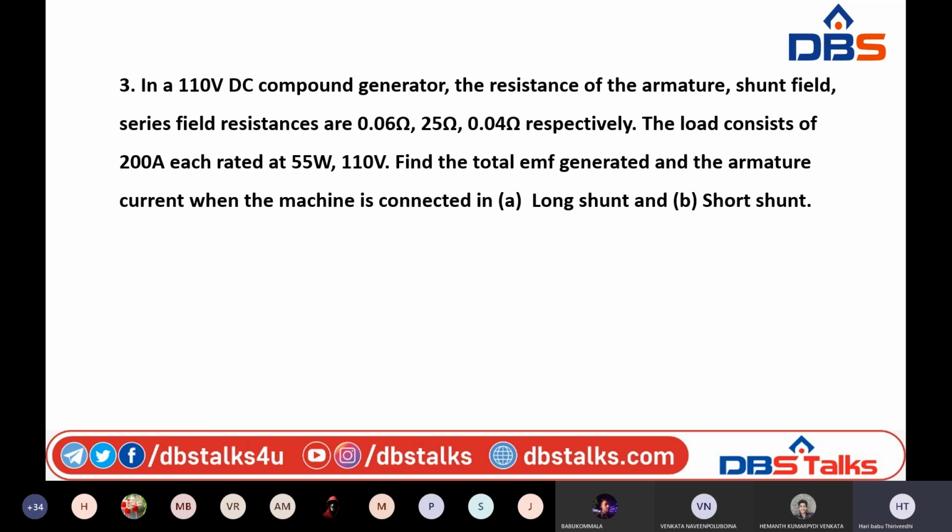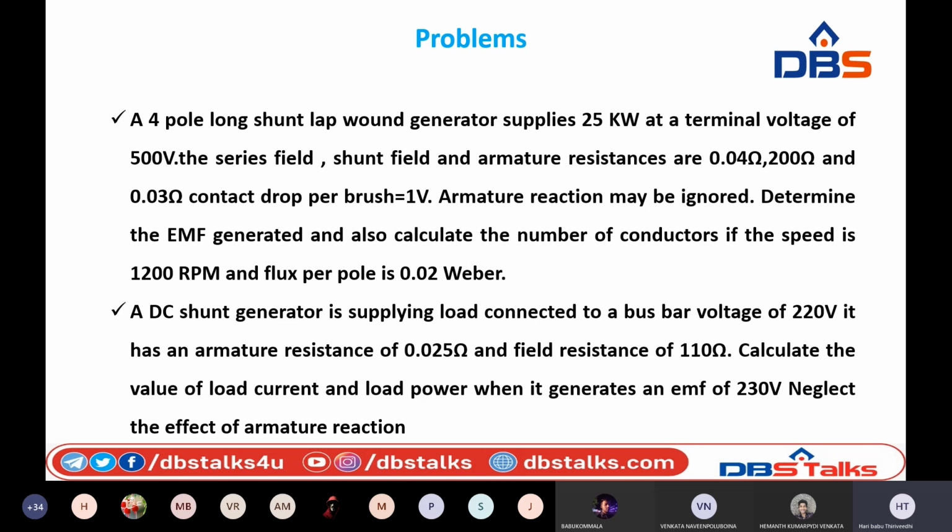Suppose the second problem also, just note down the second problem also. A DC shunt generator supplying a load connected to a bus bar voltage of 220 volts. Armature resistance of 0.025 ohms. Field resistance of 110 ohms. Calculate the value of load current and load power when it generates an EMF of 230 volts. Neglect the effect of armature reaction.